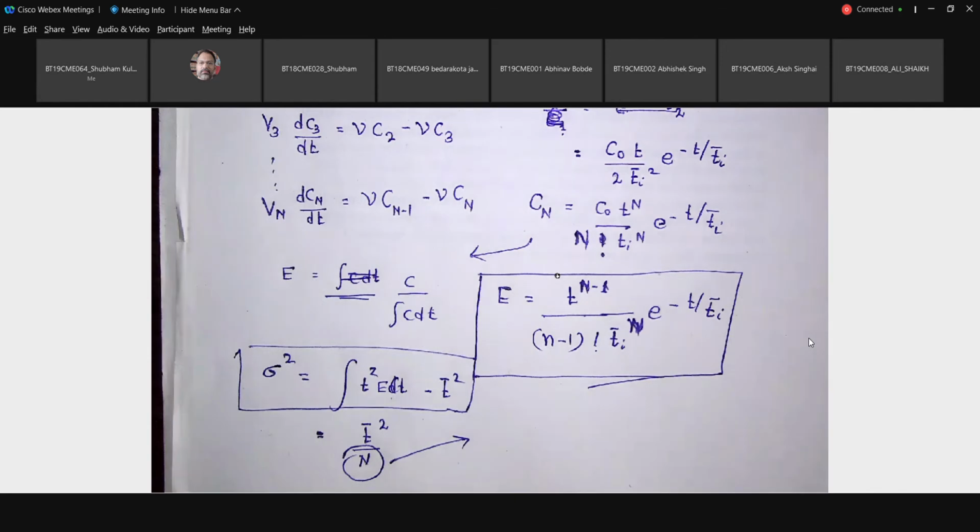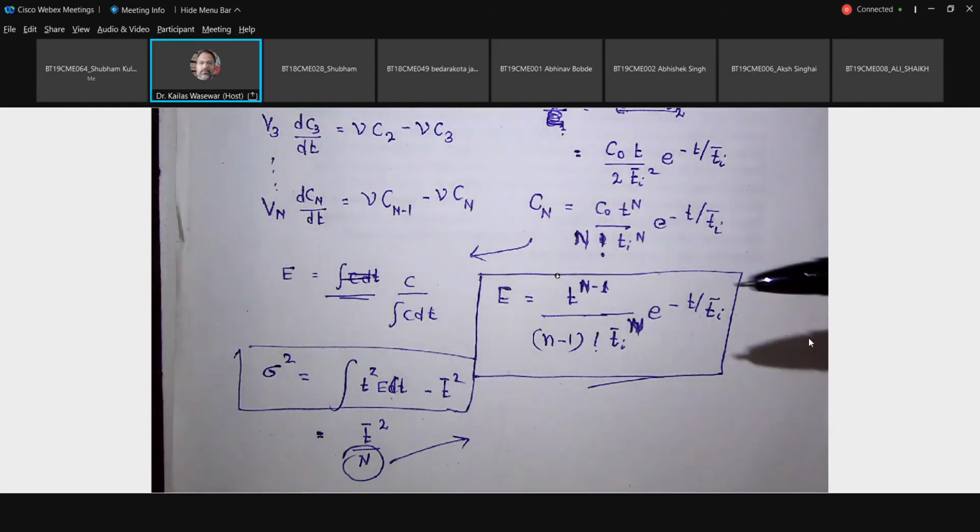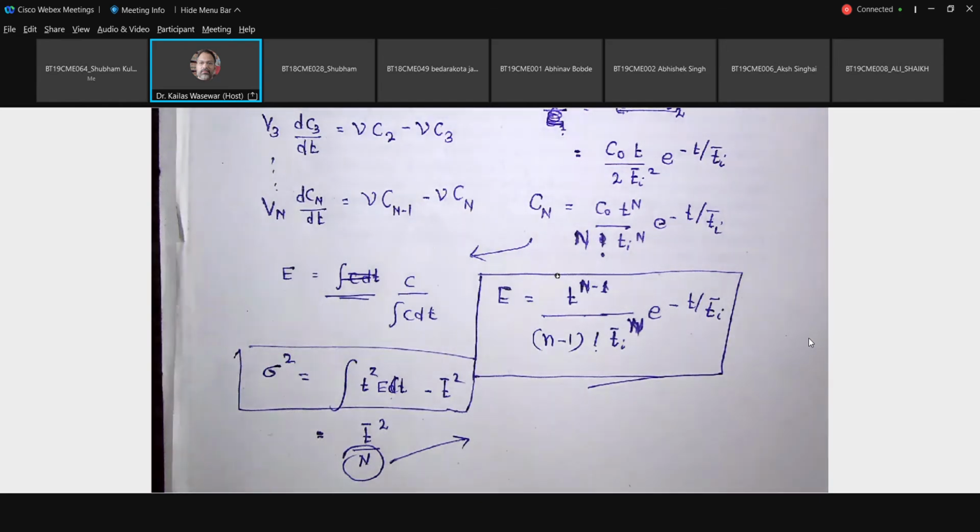If you go up to n equal to 20, it will almost approximate a plug flow reactor. If you arrange 20 mixed flow reactors in series, it may be approximated to a plug flow reactor. That you can see in one of the figures. Where is that figure?